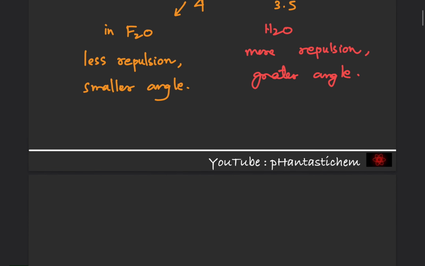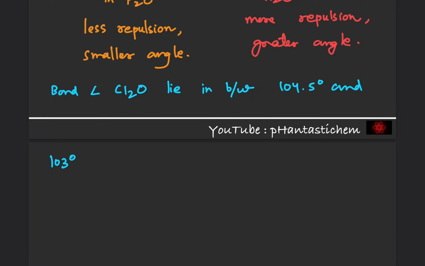Okay, so on the basis of this, you might expect the bond angle in Cl2O to lie in between 104.5 degrees and 103 degrees.